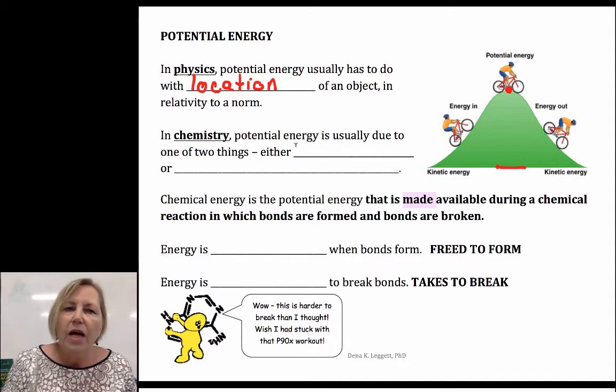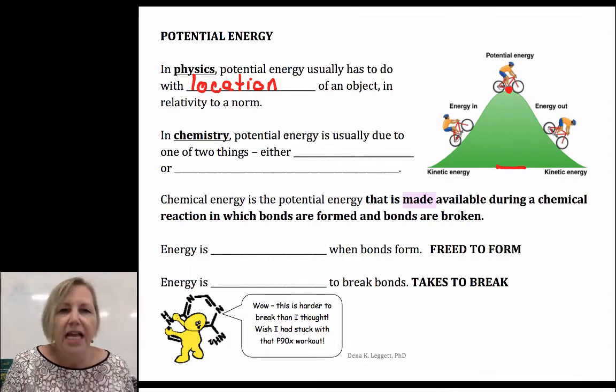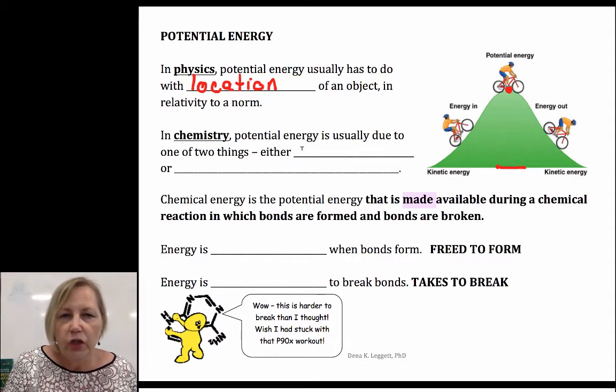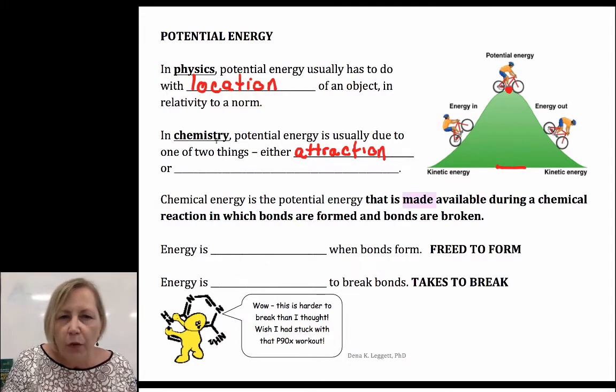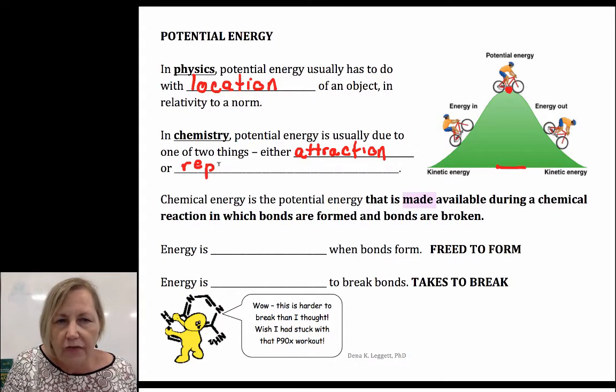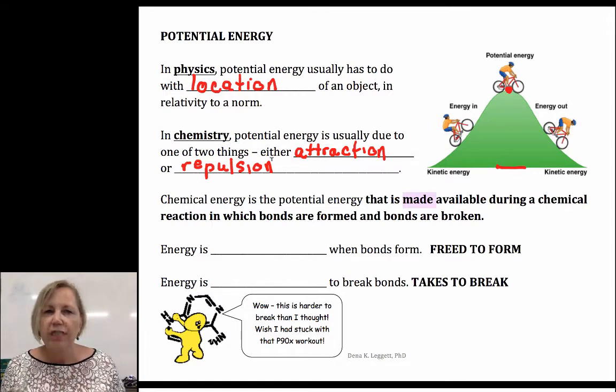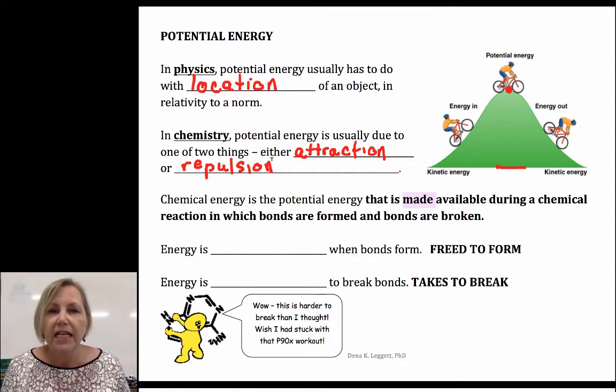Now in chemistry, potential energy is due to attractive and/or repulsive forces, a sweet spot of stability where attractive forces are maximized and repulsive forces are minimized. So potential energy is due to one and/or both of these, attraction and repulsion.